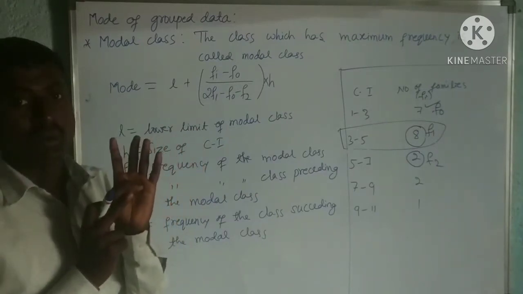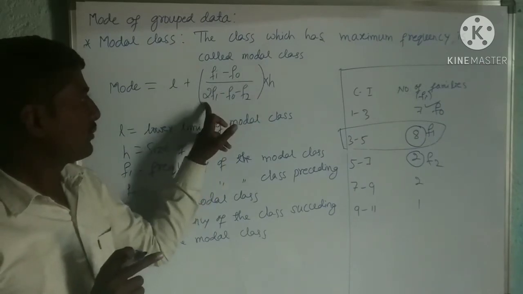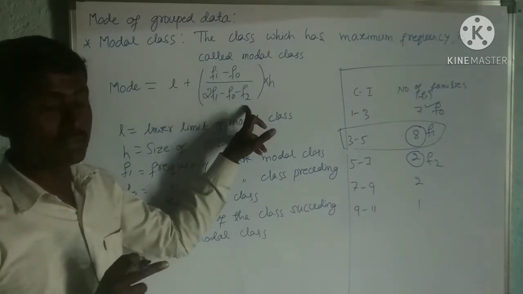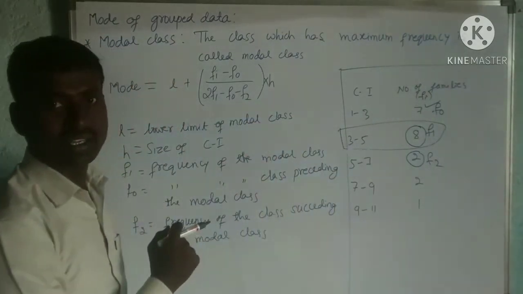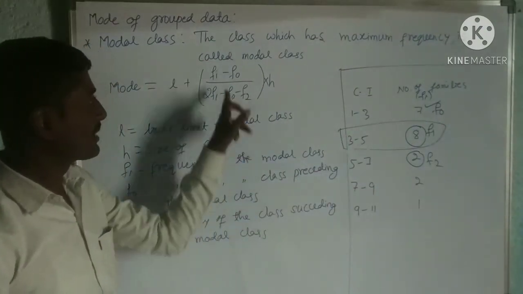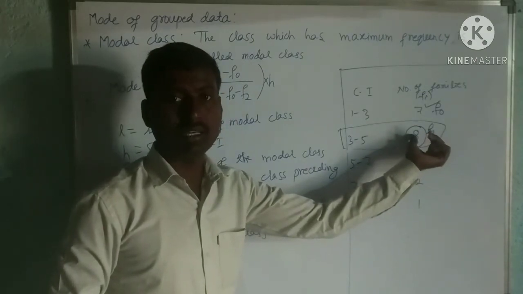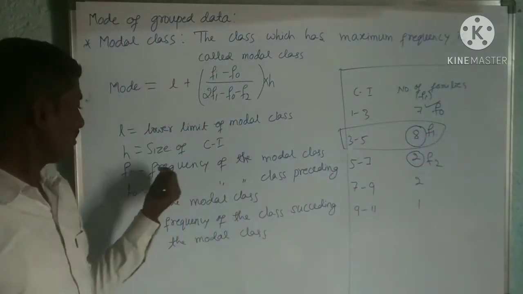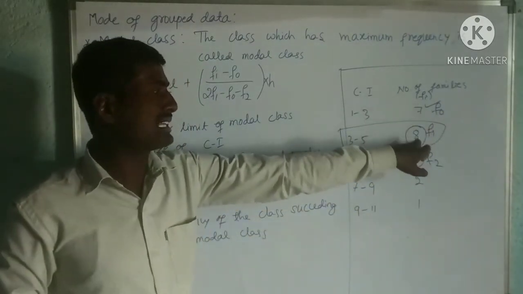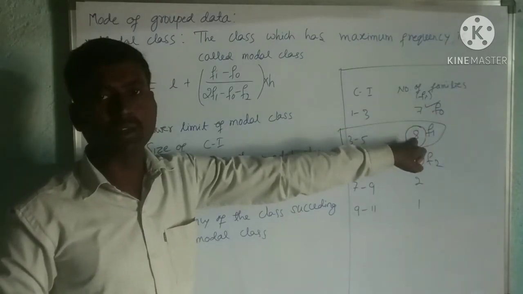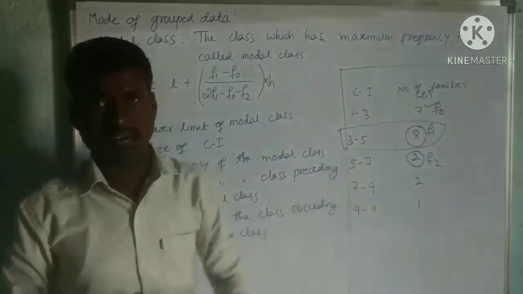Then how to find the mode? Mode is equal to L plus F1 minus F0 divided by 2F1 minus F0 minus F2, into H, where L is the lower limit of the modal class, F1 is the frequency of the modal class, F0 is the frequency of the class preceding the modal class, and F2 is the frequency of the class succeeding the modal class.